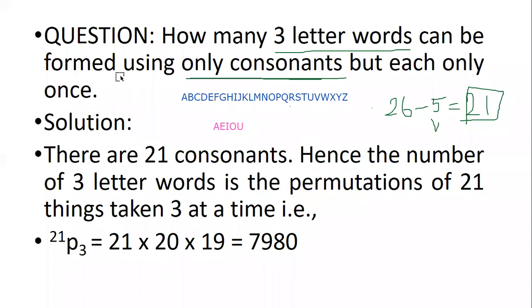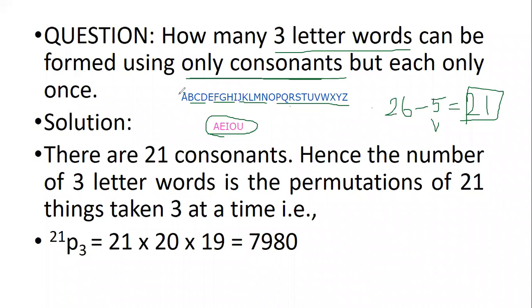Except these, I have to use the other letters like B, C, D, and then F, G, H, then J, K, L, M, N. O I cannot take. P, Q, R, S, T, V, W, X, Y, Z. This I can take completely.